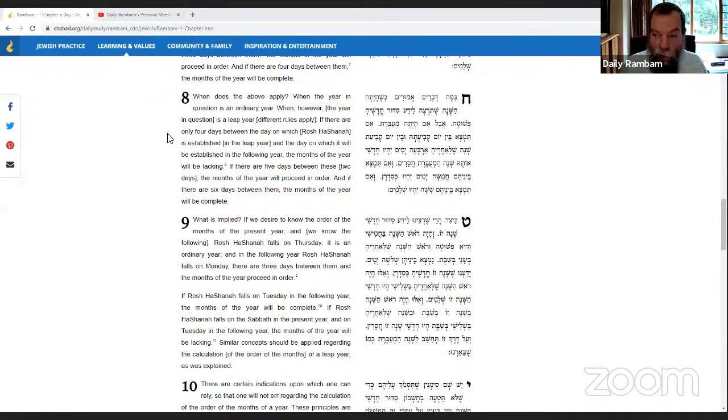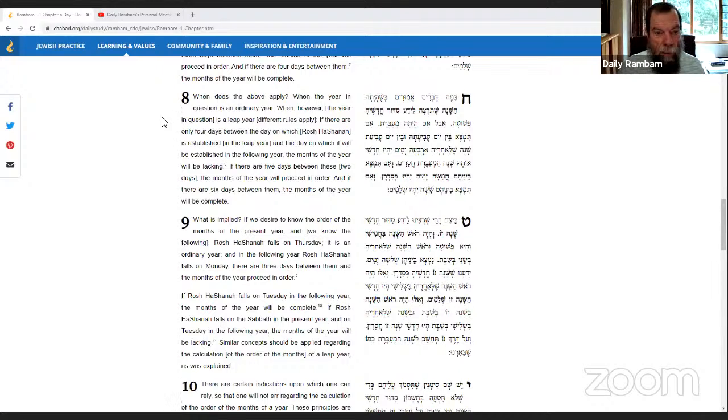Dalet is 4, the fourth day of the week, Wednesday. And Vav is 6, the sixth day of the week, Friday. Rosh Hashanah, the first day, will never fall on Sunday, Wednesday, or Friday. There are reasons why it was calculated this way. It has to do with Yom Kippur and so on.